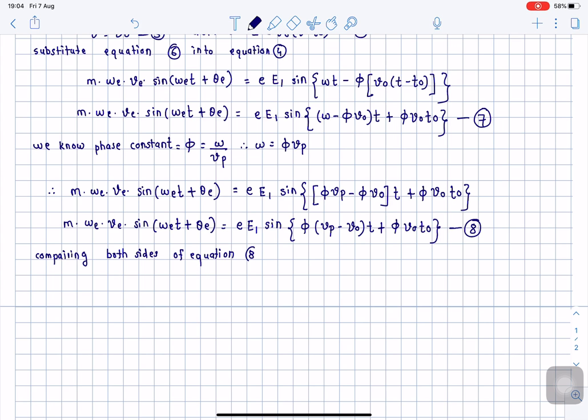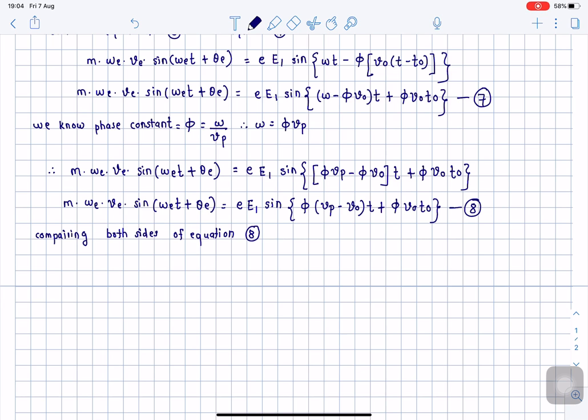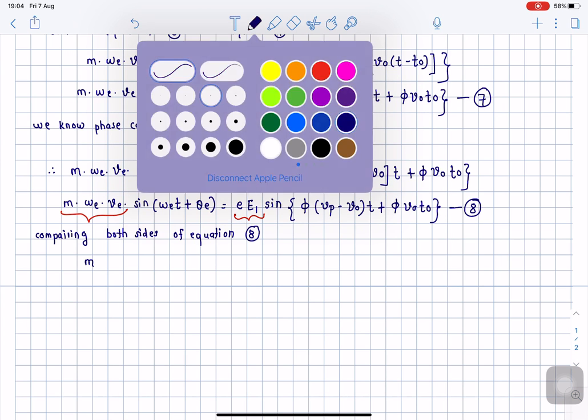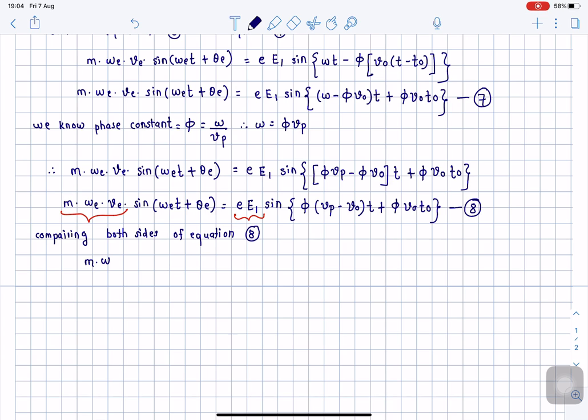When we compare both sides of equation number 8, we can write the terms. So I will highlight that term. This particular term m omega e Ve can be equated with the right hand side equivalent term e into E1, right?